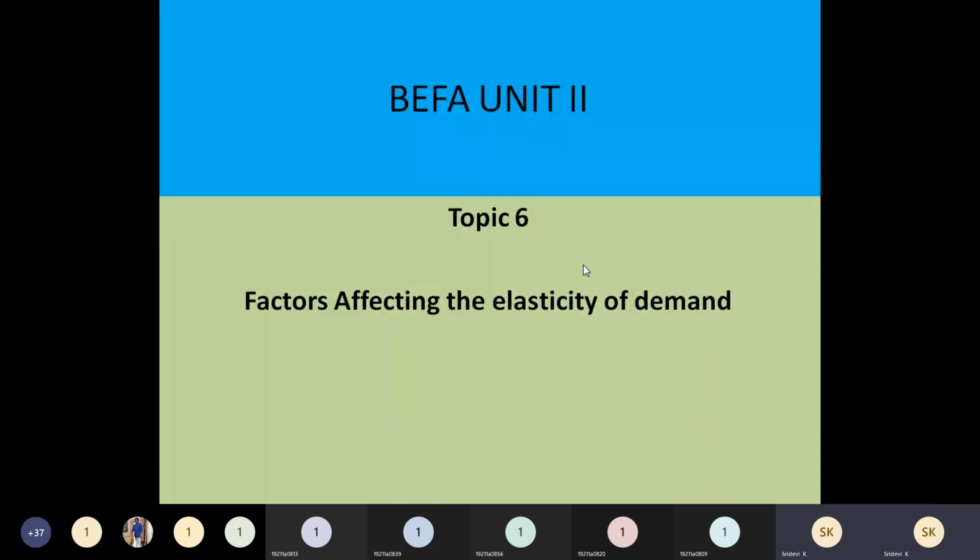For example, if drugs, medicines are there, those cannot be postponed for the future because it is life matters, no? So even if price increases, everyone will purchase. So their inelastic demand will be there. So automatically the price of these drugs can be increased.